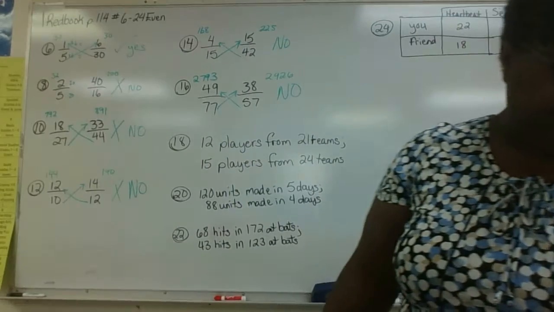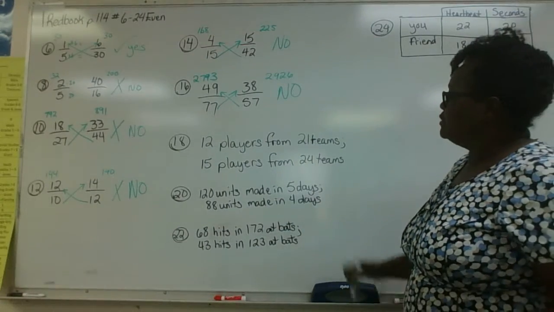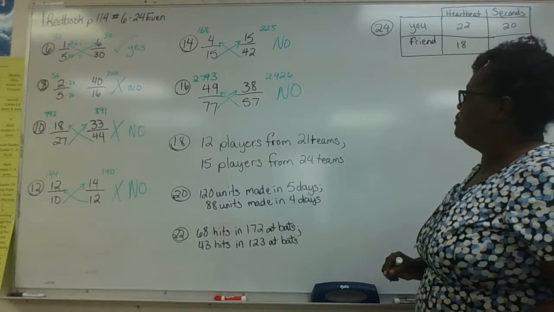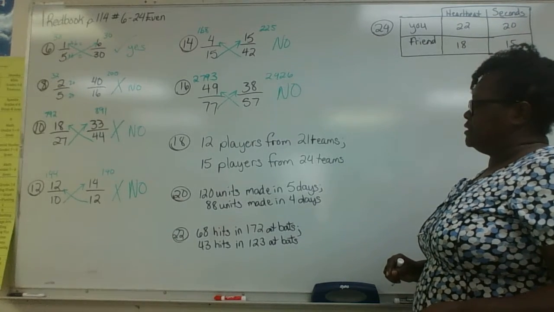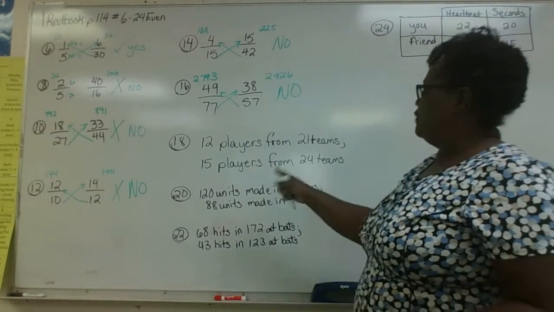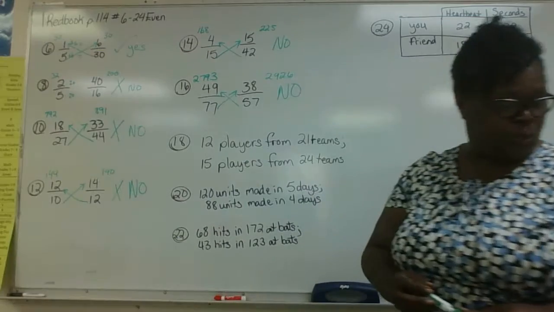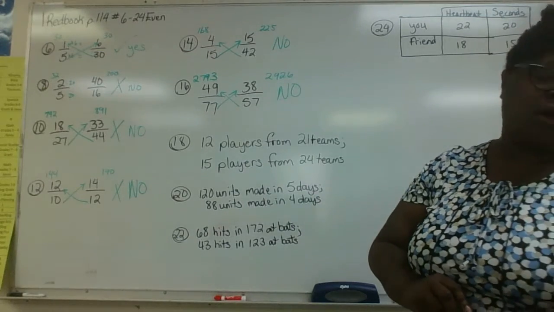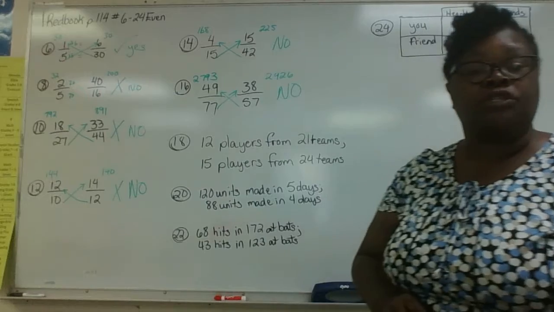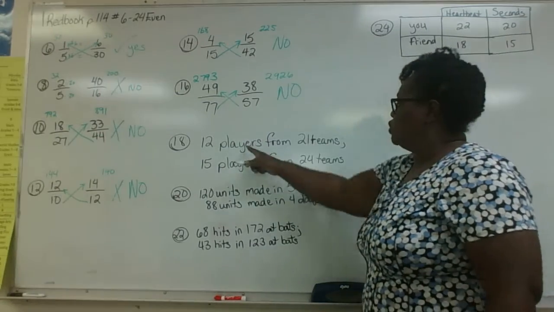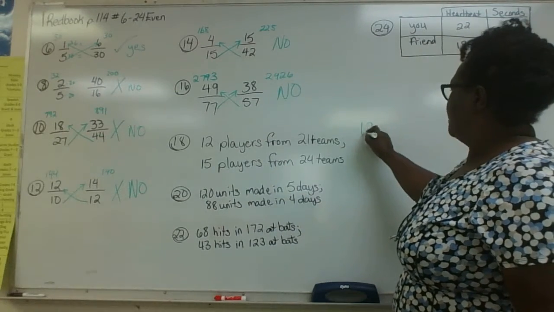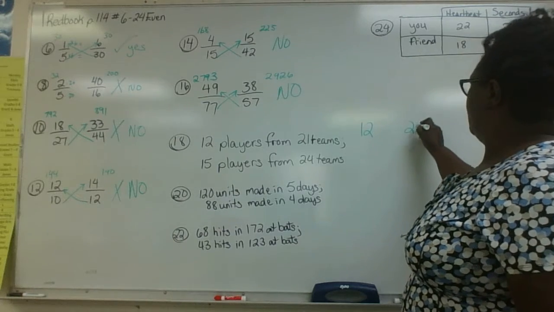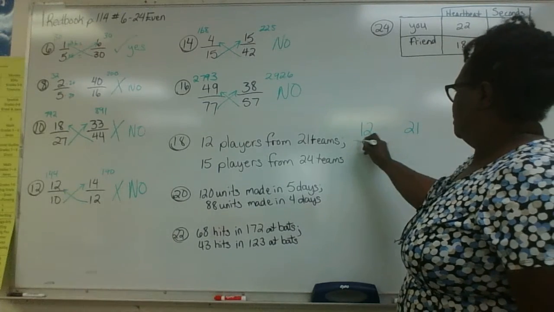On number 18, it says 12 players from 21 teams, and then 15 players from 24 teams. We want to tell whether or not the two ratios are proportional. So we have 12 players, 21 teams. Okay?